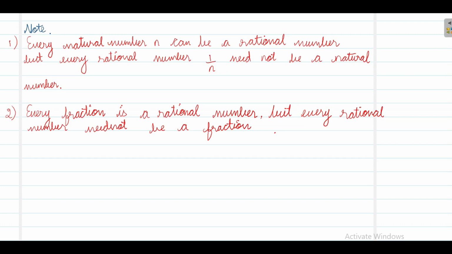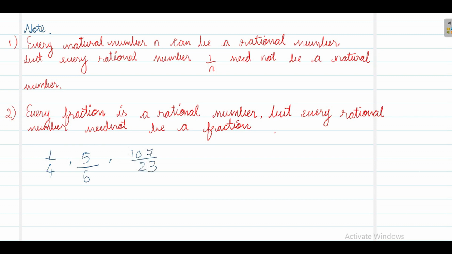The second fact which all of us must know about rational numbers is that every fraction is a rational number, but every rational number need not be a fraction. Why do we say so? We will take a few examples of fractions like 1 by 4, 5 by 6 or even 107 by 23.